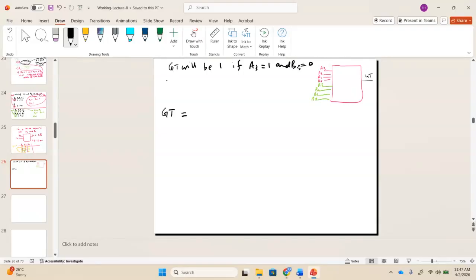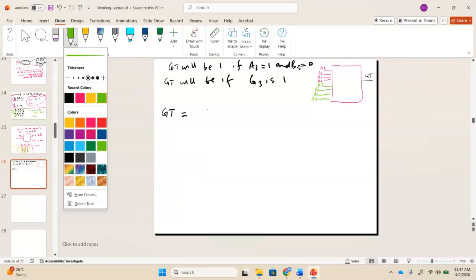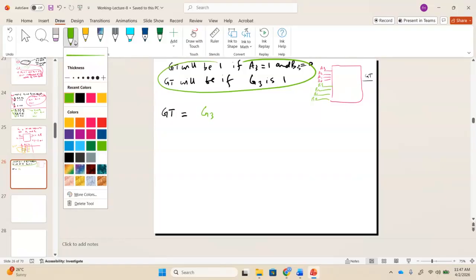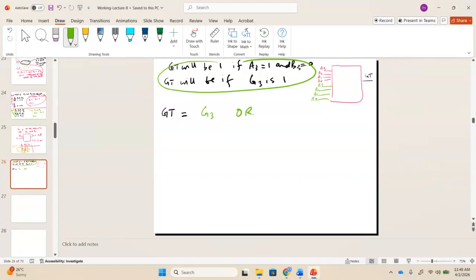So we can say gt will be 1 if g3 is 1. And what is g3? Any question? Okay. Now we have an or condition.